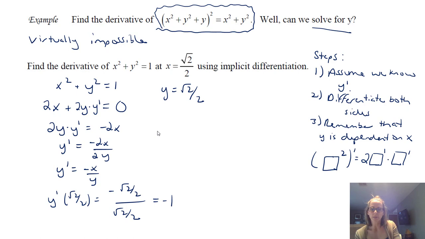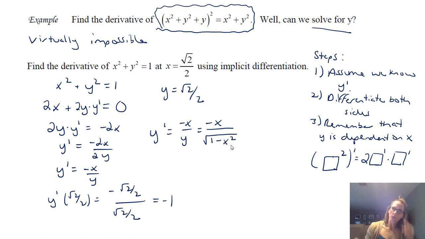But if anyone was thinking, well, why did we get the same answer, I'm still confused: remember from the last page, we solved this for y. And at root 2 over 2, y was the square root of 1 minus x squared.